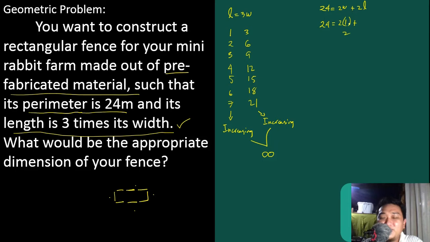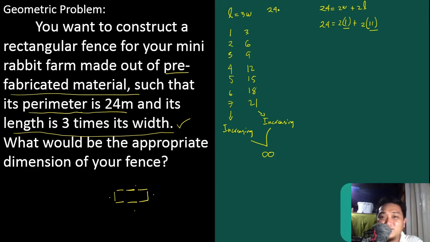So, kung yung width natin is, let's say, 1 meter, 2 times 1, dalawang width is 2 meters. I-minus mo dun sa 24 meters, ang mangyayari, 22 meters. And 22 is also the same as 2 times 11. Ayan. So, meron na agad tayong first ordered pair natin, which is 1 and 11.